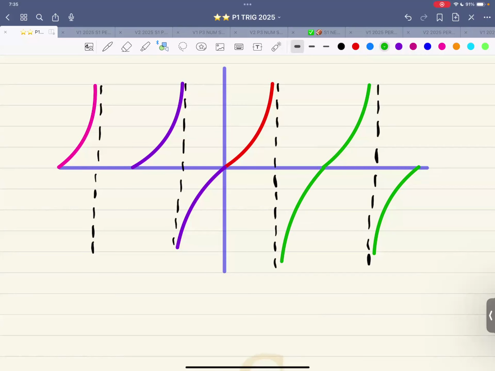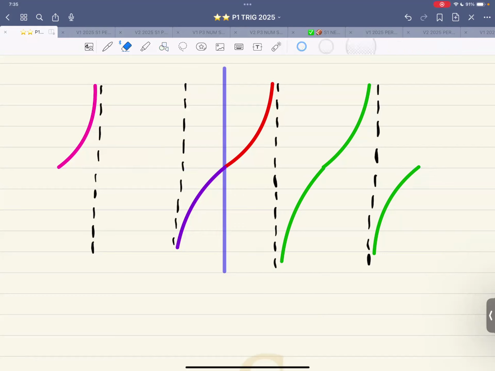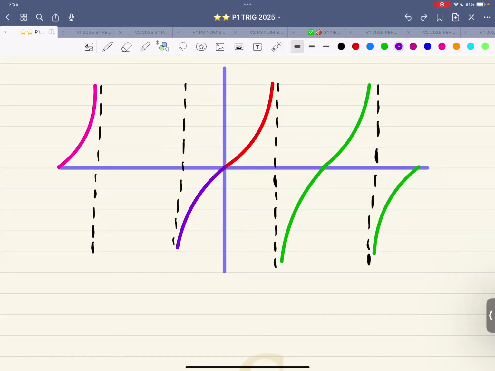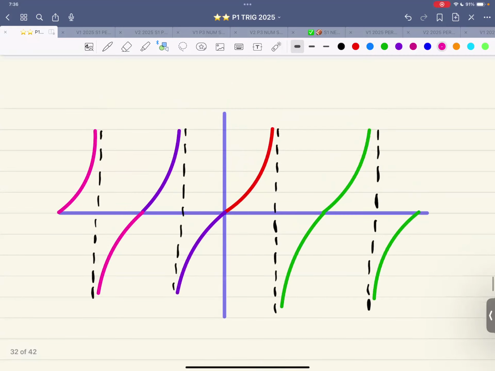Let me choose the purple color. That's the purple, going like this. And then this pinkish color. Okay, so what do you see?